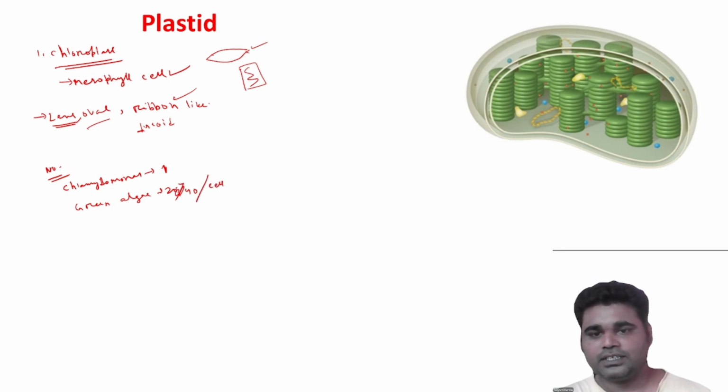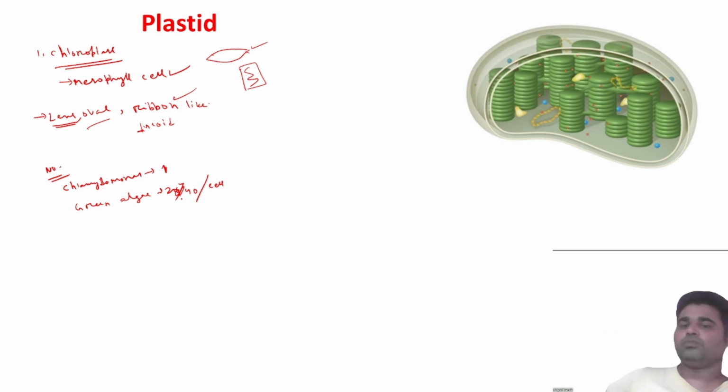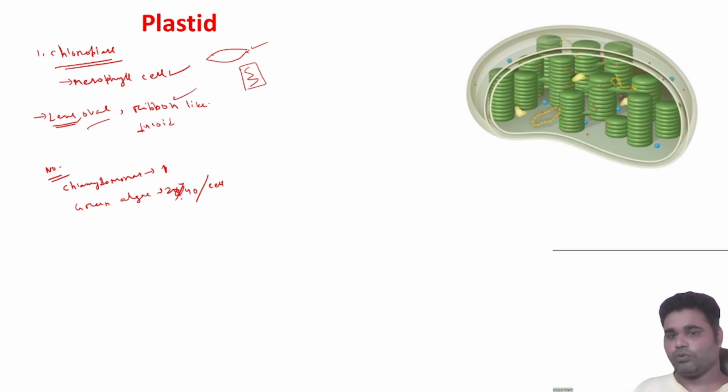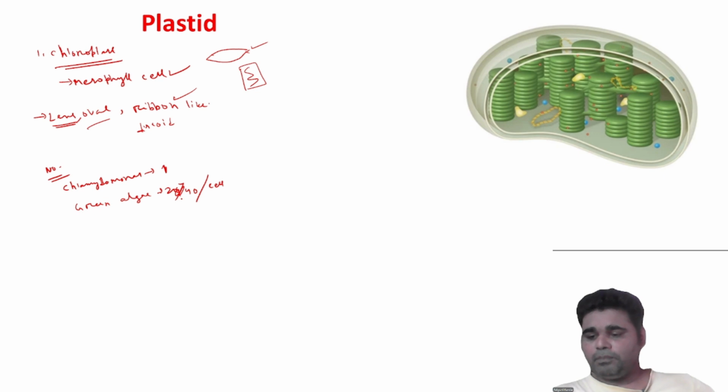That means one cell contains 20 to 40 chloroplasts in the green algae. In the plant, there are many, more than 20 or 40 chloroplasts.